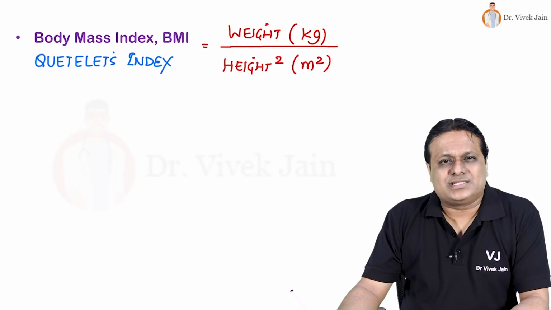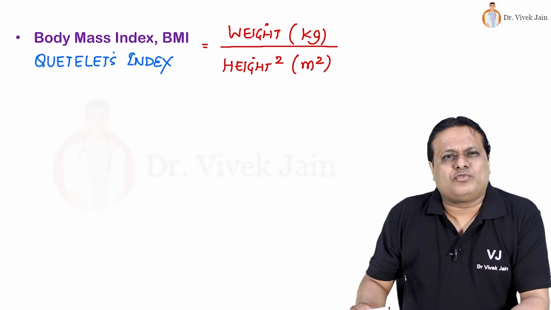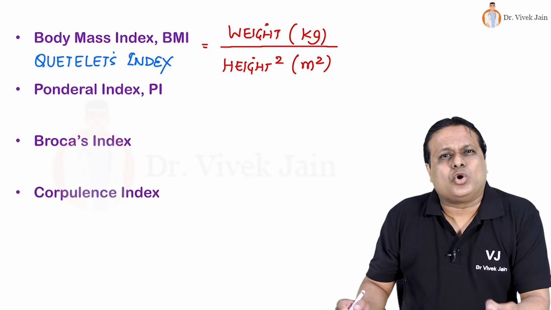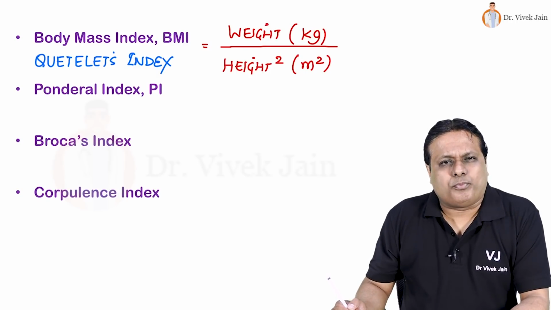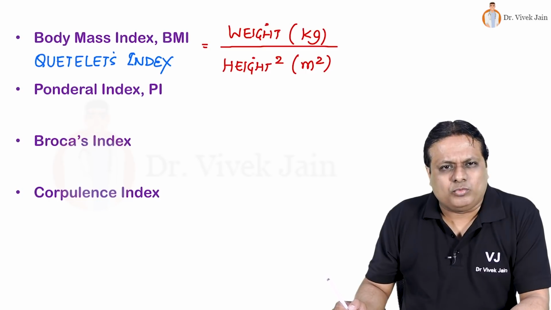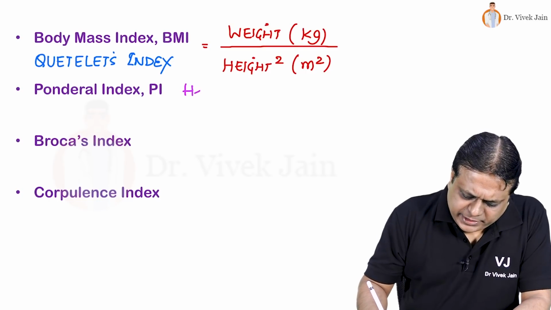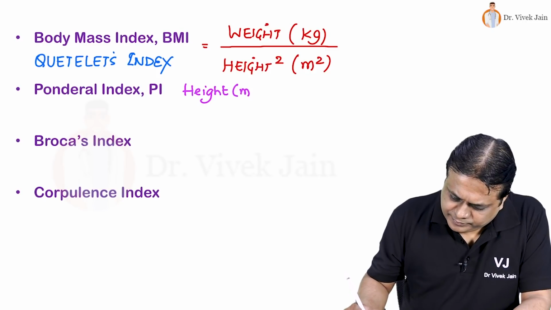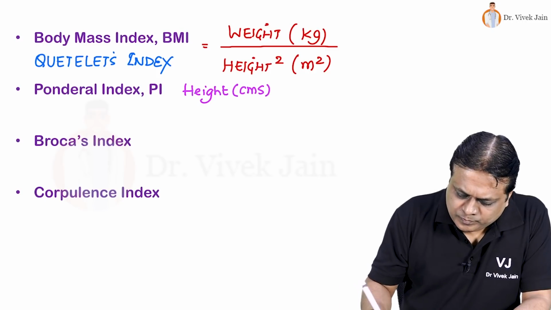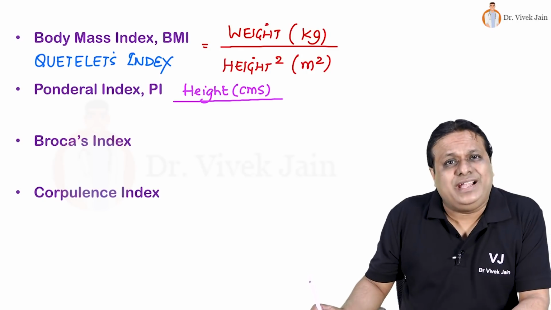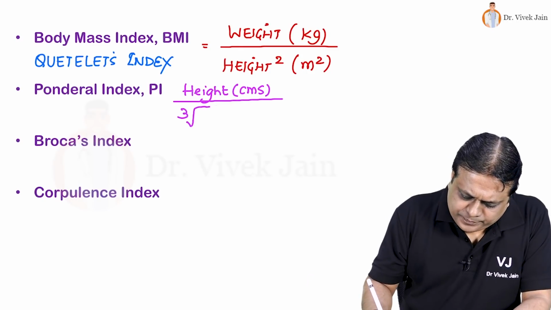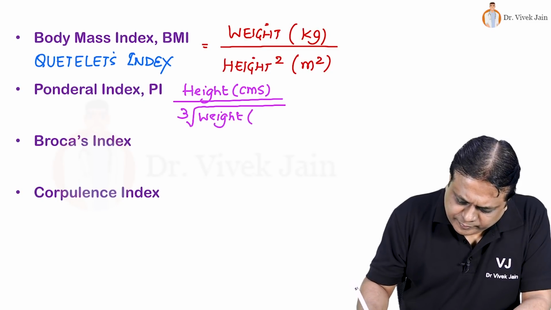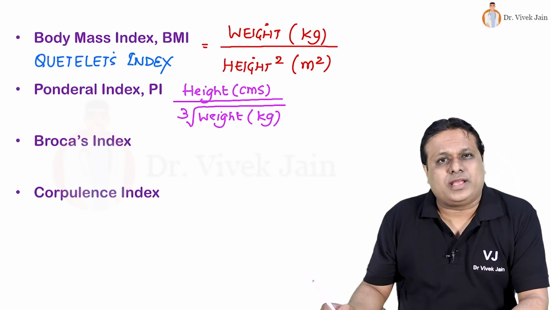Besides body mass index, we also use some other indices of obesity like Ponderal index, Broca's index, and corpulence index. The Ponderal index is given by the formula height in centimeters divided by cube root of body weight in kilogram.